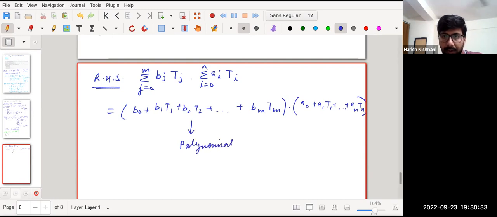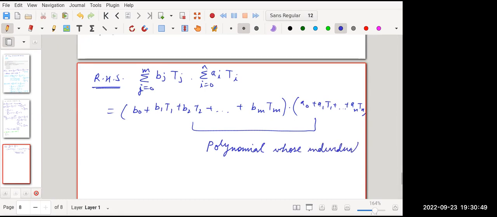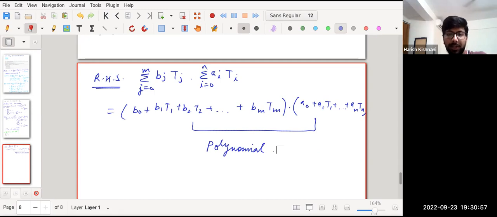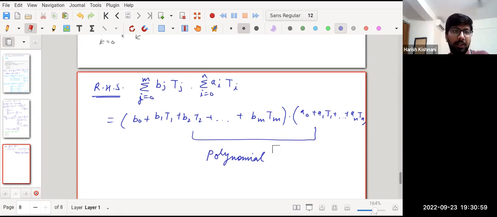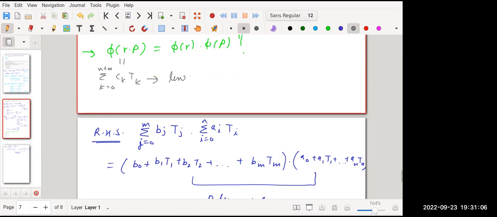This is a polynomial whose individual terms. Sir, this would be a linear polynomial now in variables t1, t2, and so on. No, it won't be a linear polynomial. That's what I'm saying. This is a linear polynomial. This is a linear polynomial. Okay, sir.